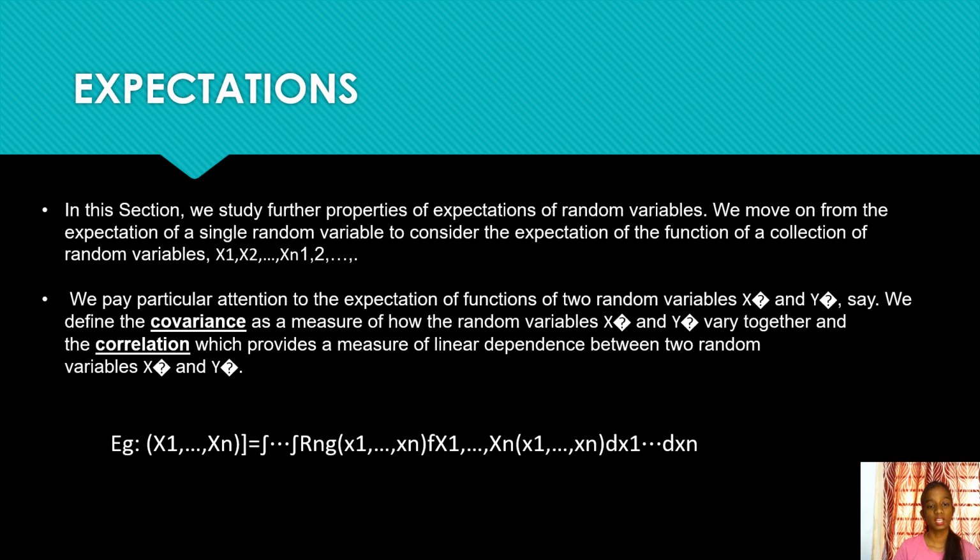We pay particular attention to the expectation of functions of two variables, that is x and y. So we define covariance as a measure of how random variables x and y vary together, and correlation, which provides a measure of linear dependence between the two variables x and y.